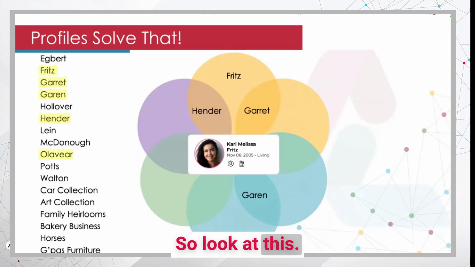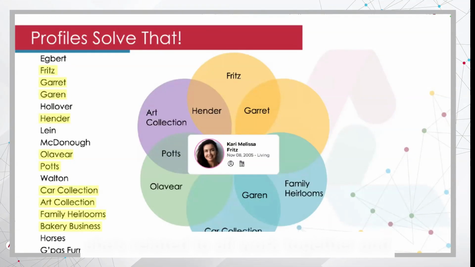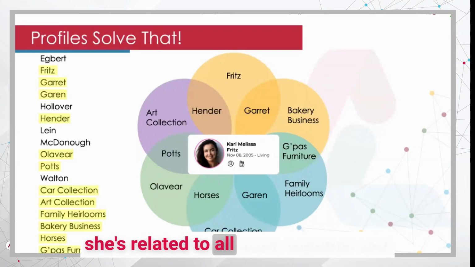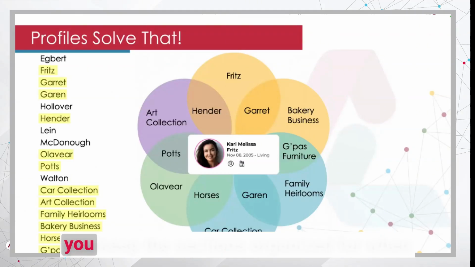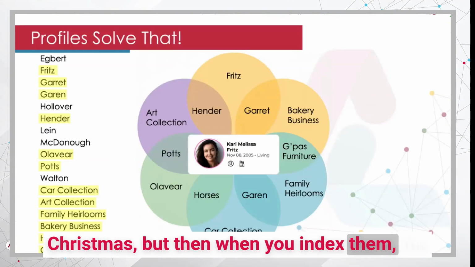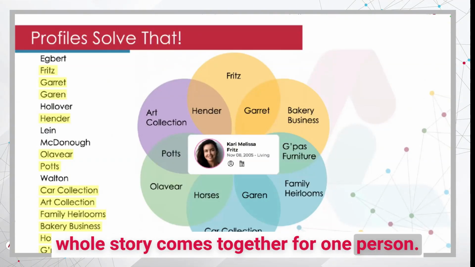So look at this. Each one of these collections that she's related to all work together and all summarize back to her profile. So you keep your branches organized, you keep the sections organized for when you're at Thanksgiving and when you're at Christmas, but then when you index them, the whole story comes together for one person.